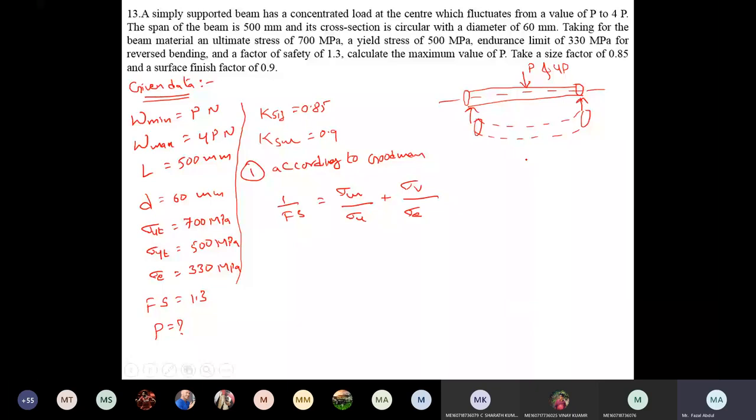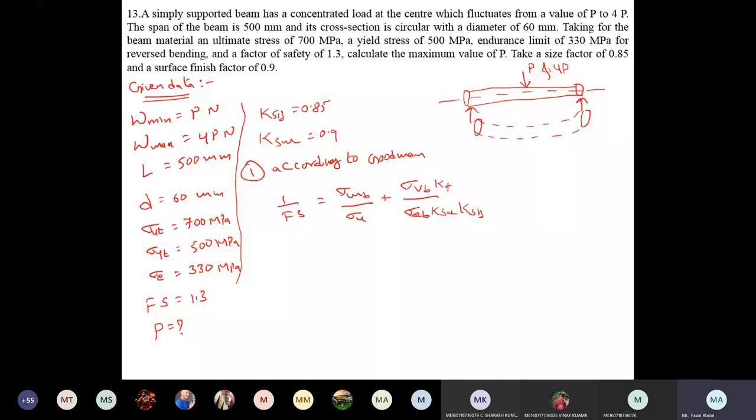Because of the transverse load, the beam is subject to bending, so whatever stresses you calculate refer to bending: mean bending, variable bending, and the fatigue value with sigma E bending, surface and size factors. The basic equation changes like this.